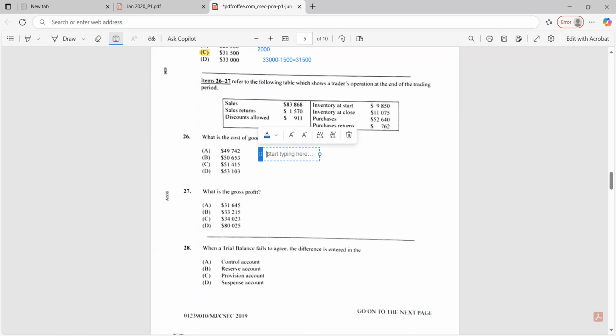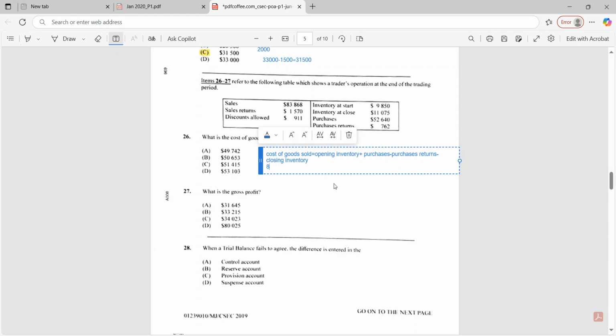How do we find cost of goods sold? So cost of goods sold is equal to opening inventory plus purchases minus purchases returns and minus closing inventory. So let's put those into our equation.